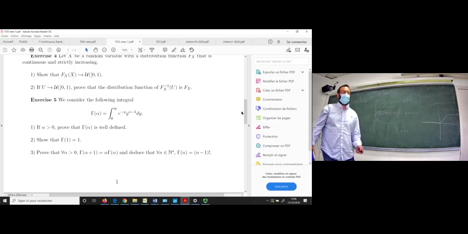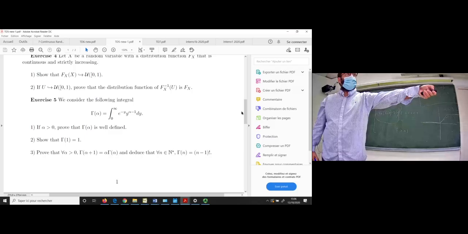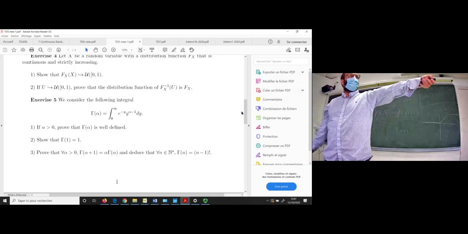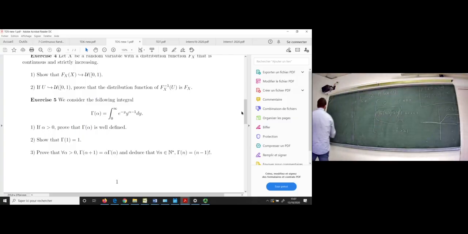Once again, I am interested in F_X^{-1} of U, and I want to prove that it has the same distribution function as X. So I am interested in the distribution function of F_X^{-1} of U. That is by definition the probability that F_X^{-1} of U is less than small x.